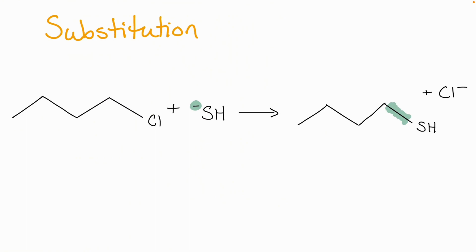That's where that pair of electrons goes. It goes from being a lone pair on the sulfur to actually a bonding pair of electrons, a covalent bond. And you can see that we have this conservation of charges, because on the left-hand side we have a negative charge, and on the right-hand side we have a negative charge, right? So there's no electrons that aren't being accounted for here.